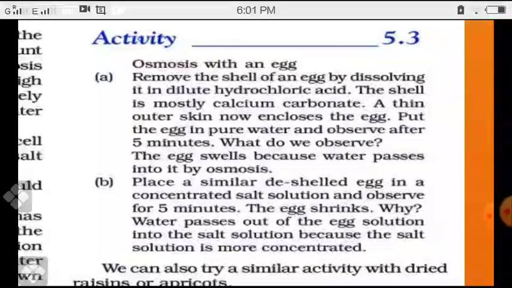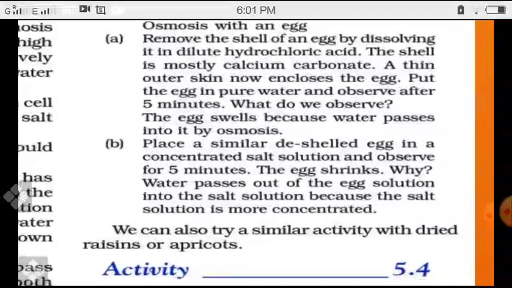We dissolve it and put this deshelled egg into that. After 5 minutes, what do you see? The water passes out of the egg and into the salt solution. So the egg shrinks down. Why? Because the salt is more in the beaker.